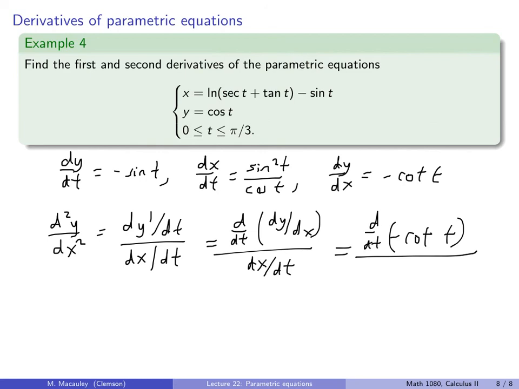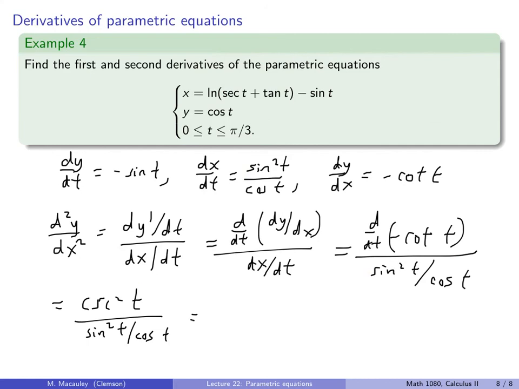And on the bottom, it should be sine squared of t over cosine t. So again, this thing is just coming from that right here. Okay, so the derivative of negative cotangent of t is cosecant squared of t. And then on the bottom, it's sine squared of t over cosine of t.